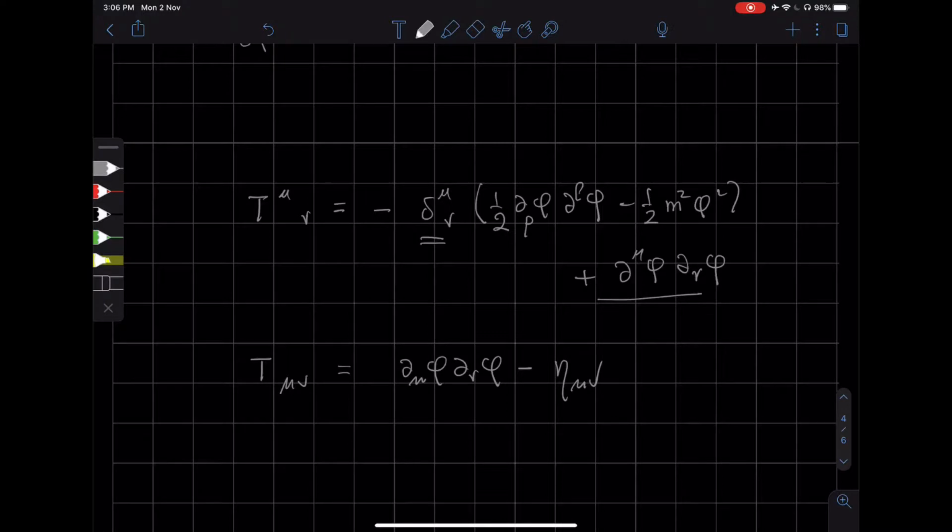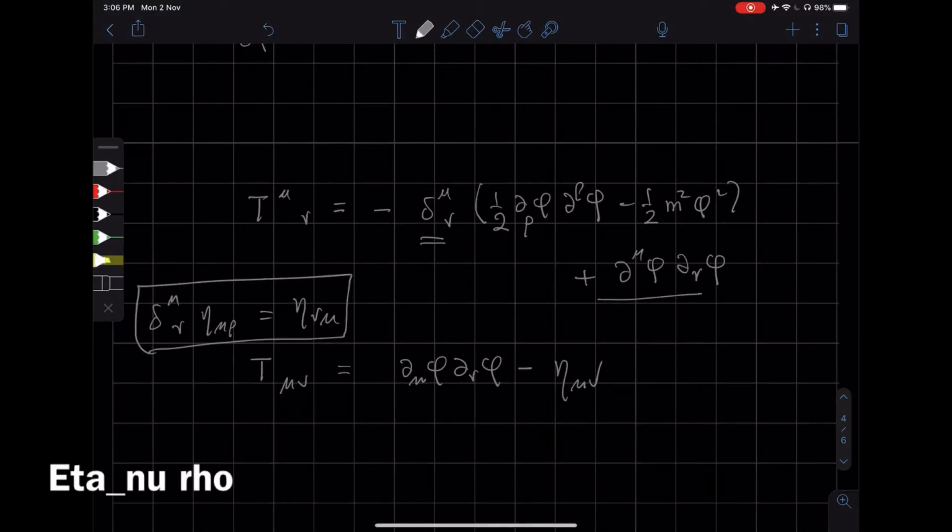So you should know this, delta mu nu, eta mu rho is going to give me eta nu mu. You should verify that. And then we will have times half of del rho phi del rho phi minus half m squared phi squared.